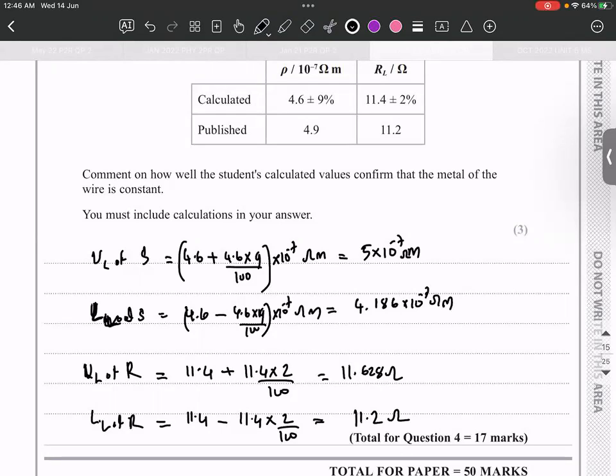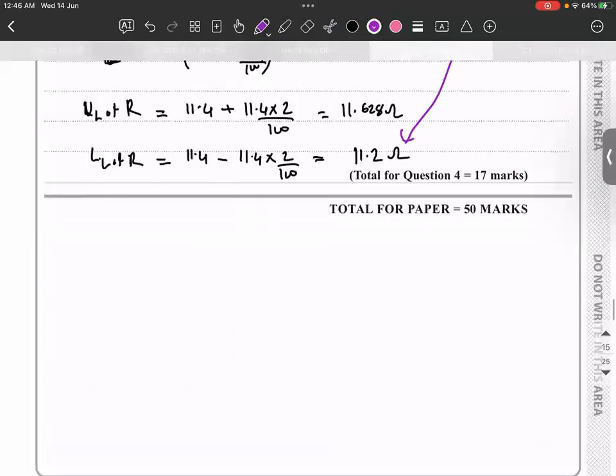So what conclusion can you see? The published value is 4.9. This 4.9 lies in this range. This 11.2 also lies in the range. So what is your conclusion?